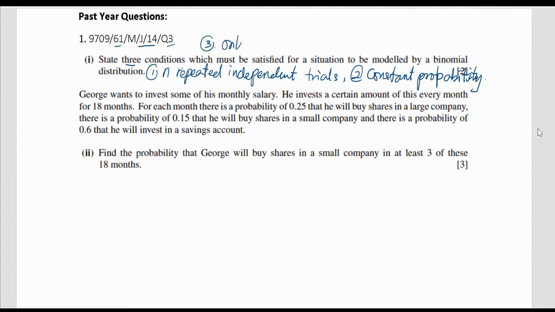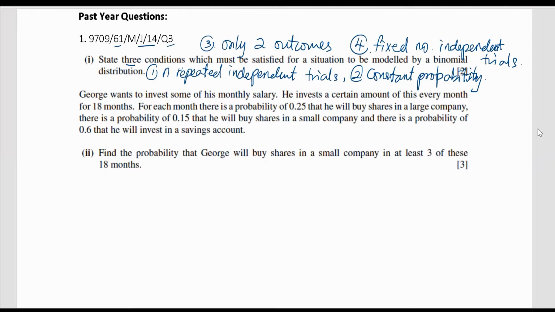Only 2 possible outcomes. And then one more, right? If you remember, there will be a fixed number of trials, independent trials. All right, so state any 3 of the 4 here for you to get the 2 marks.